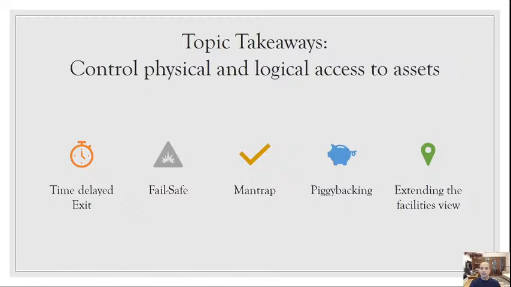Within that timer, an alarm will sound at the security, so the security can take control of that door. If there is any malicious user within the premises who wants to use that door for an exit, those scenarios can be taken care of by using this time delayed exit mechanism.